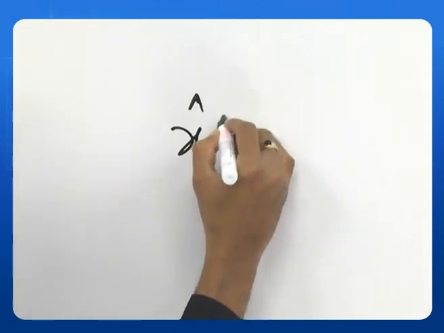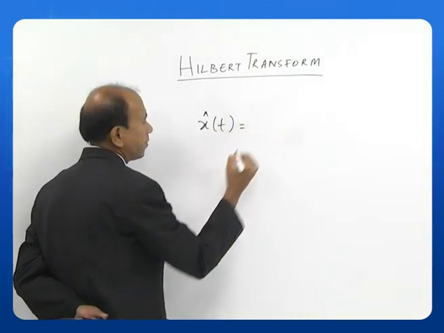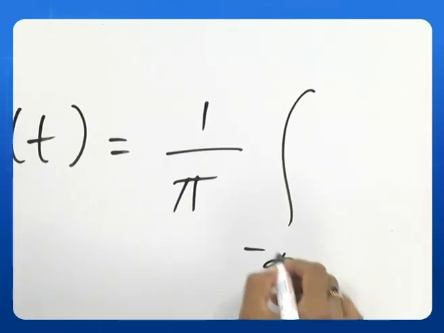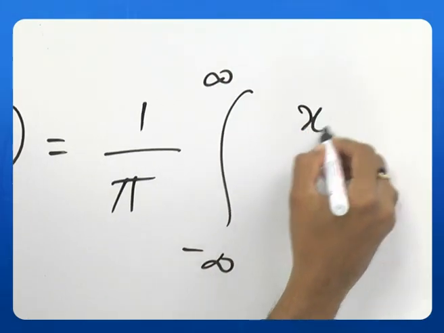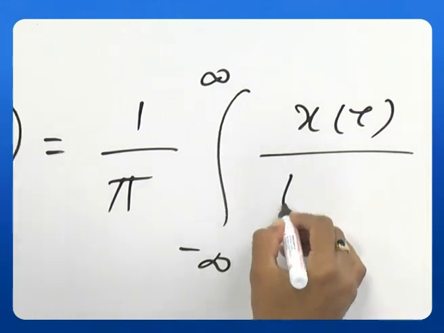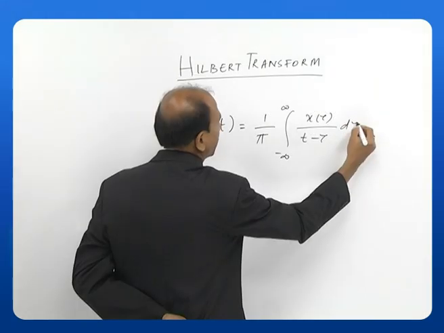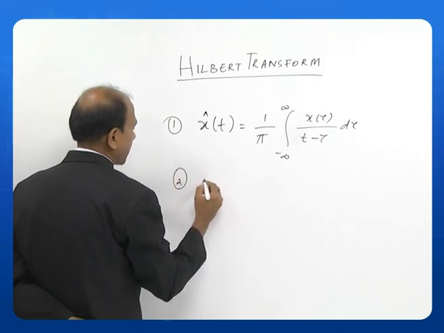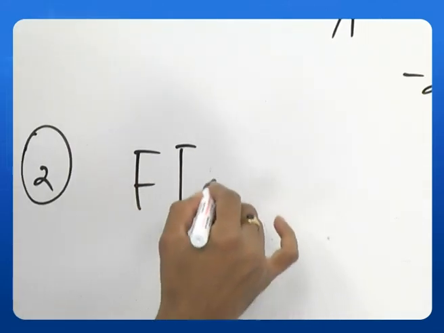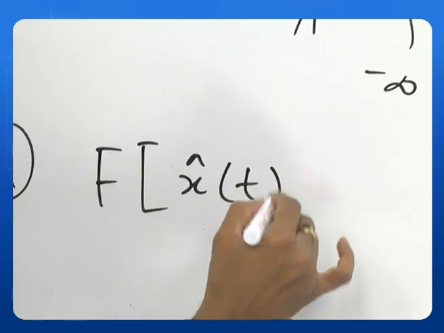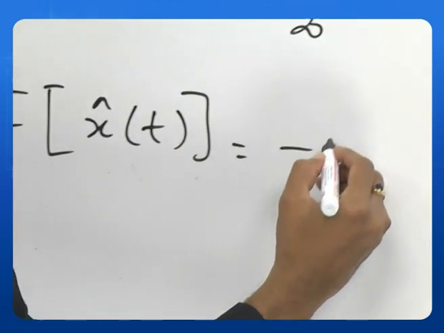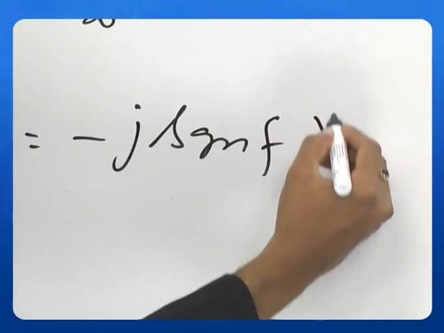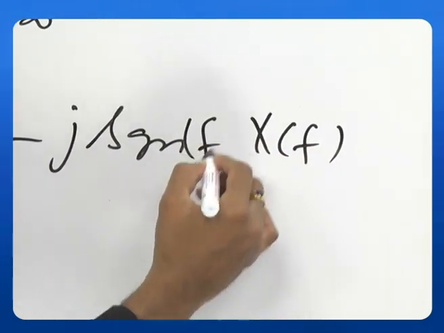X cap of t is given by 1 by pi times the integral from minus infinity to plus infinity of x of tau over t minus tau d tau. And then the Fourier transform of x cap of t will be equal to minus j signum of f into X of f.